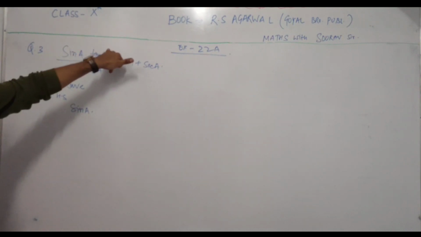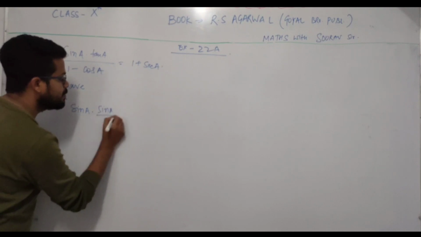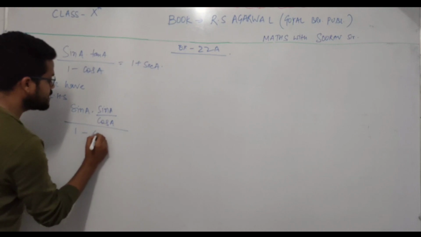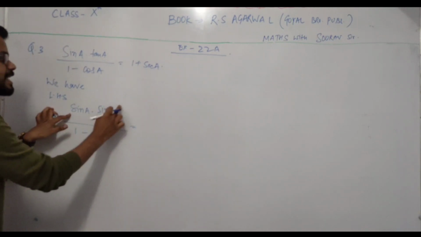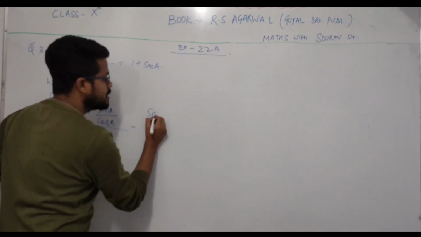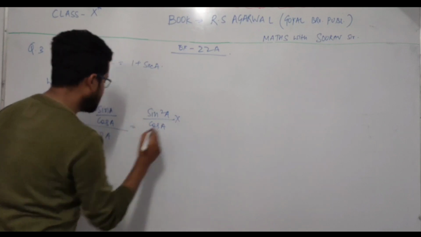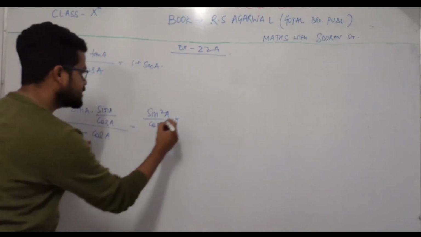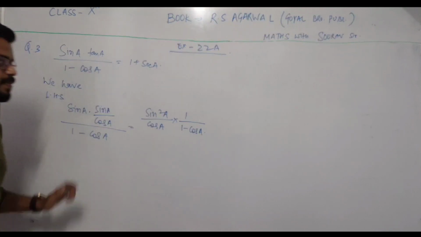In place of tan a I can write sin a upon cos a, upon 1 minus cos a. So this is sin a times sin a, which is sin square a upon cos a, into 1 upon 1 minus cos a.